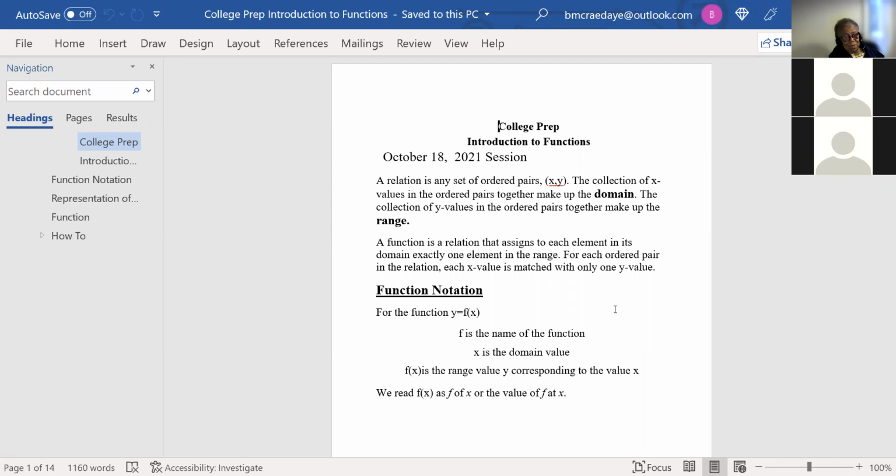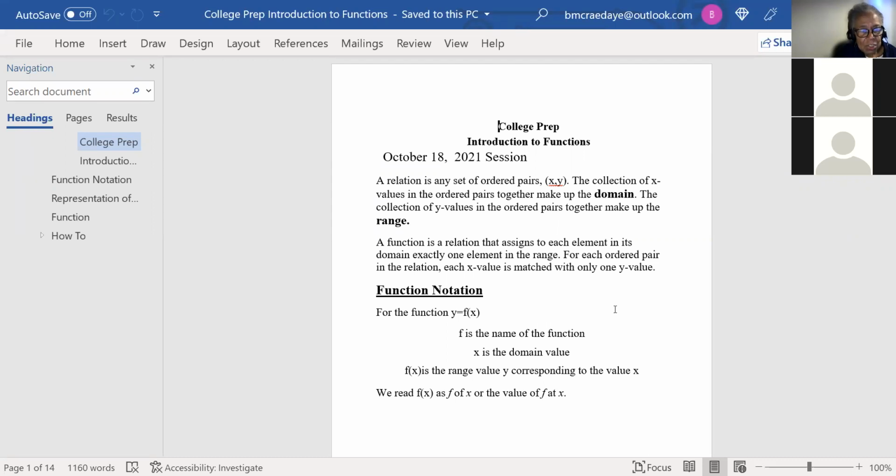Okay. Now we have functions and we have relations. They are similar in a lot of ways. A relation has ordered pairs, but for a function, the ordered pairs must satisfy something we call matching.